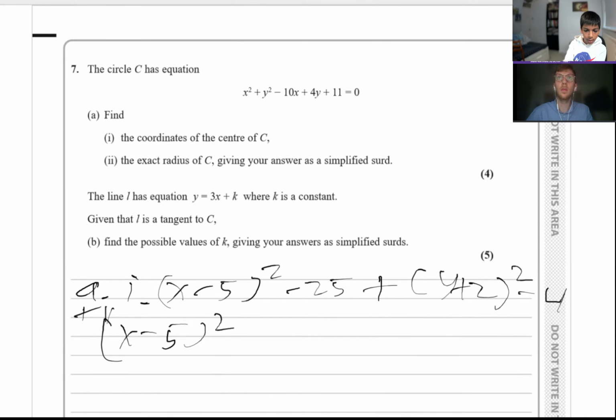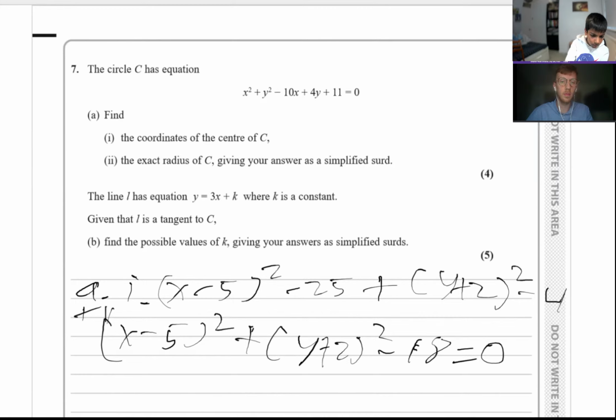And then that's equal to plus 2 squared. And then minus 25 minus 4 is minus 29, and minus 29 plus 11 is equal to negative 18. So that minus 18 equals 0.